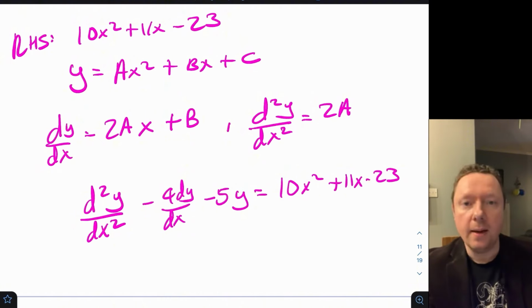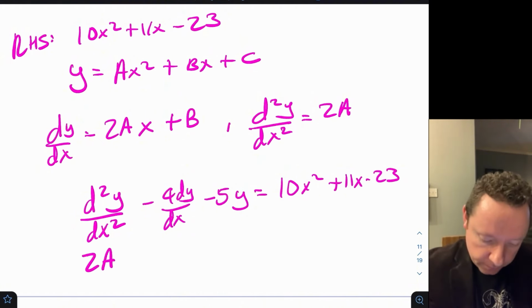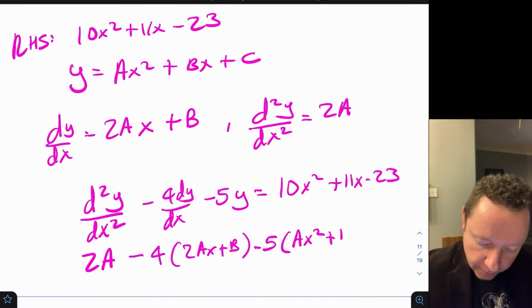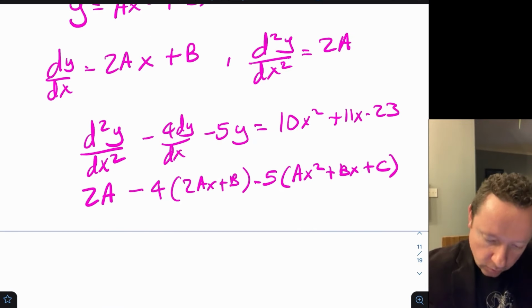So d2y by dx squared is 2a minus 4 times 2ax plus b, and then we've got minus 5 times ax squared plus bx plus c, and that equals our right hand side, but let's just tidy that up.